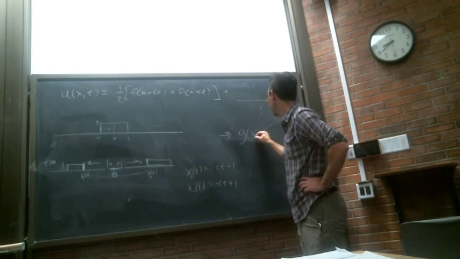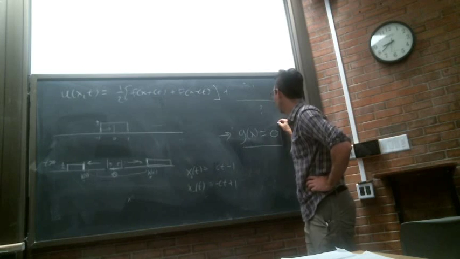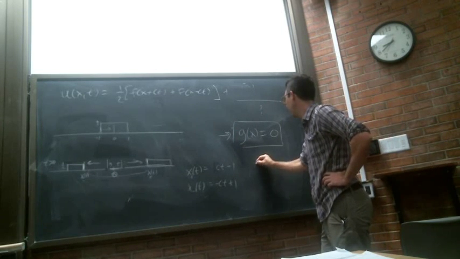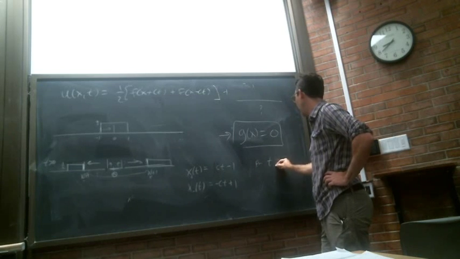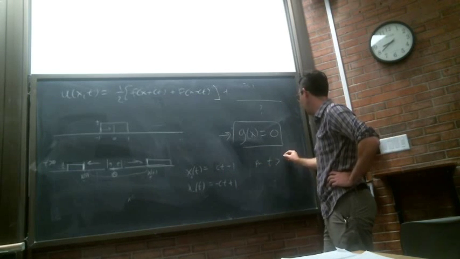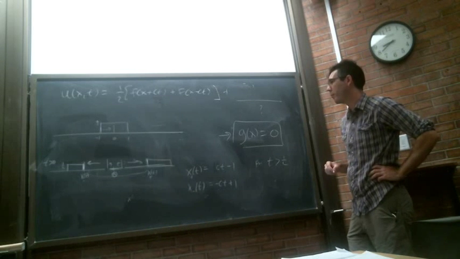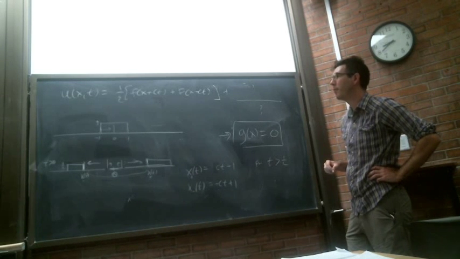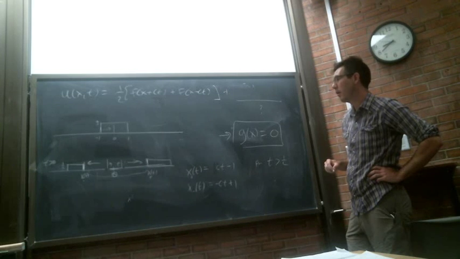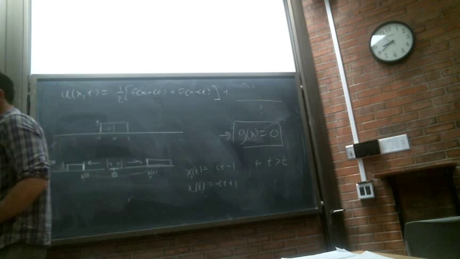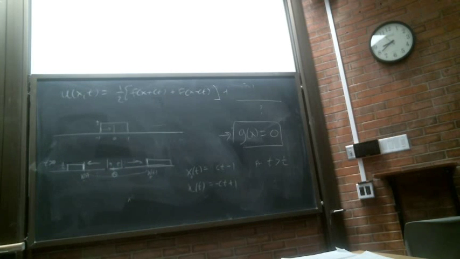So I conclude then that g of x can be just 0, because after a certain amount of time, for t greater than 1 over c, I should say. So what does my solution say?